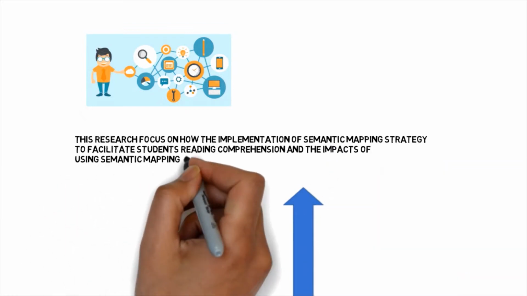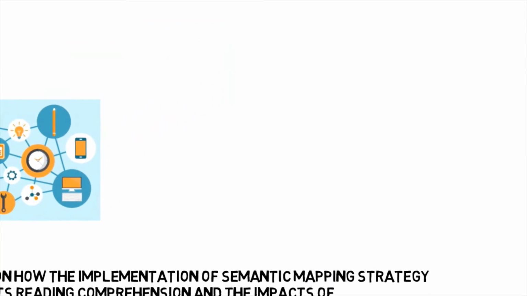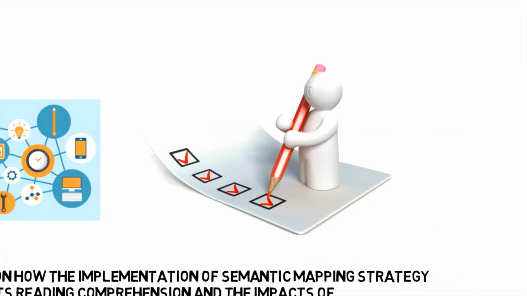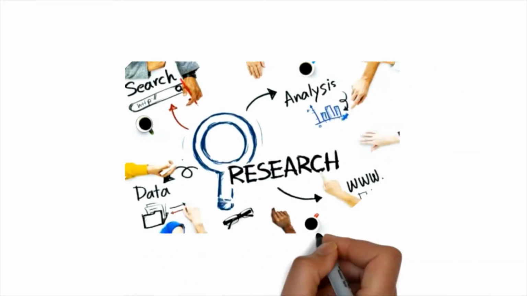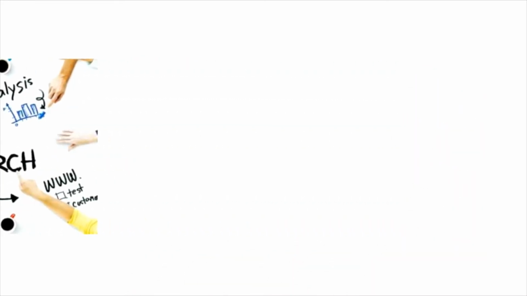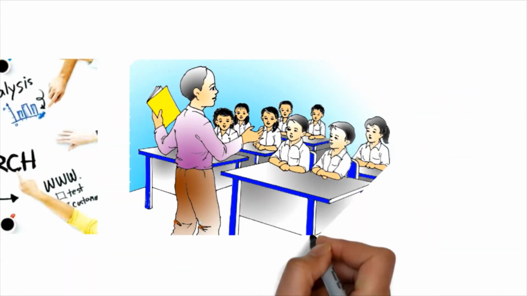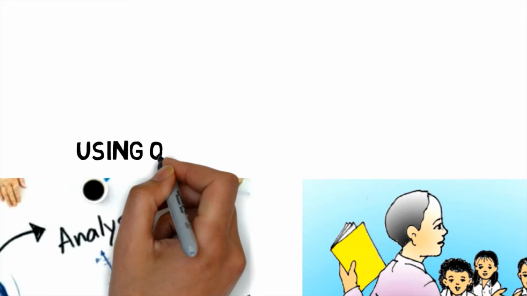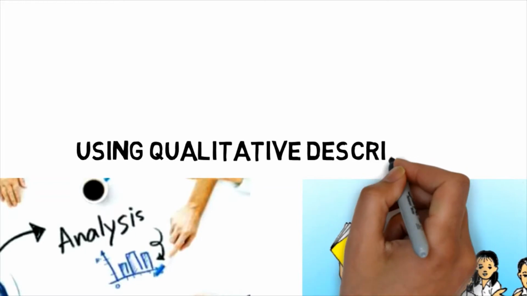Then, in this research, the researcher will conduct this research in a qualitative design to outline the result of this research. To specify the research design, we'll use qualitative descriptive because this method is suitable to describe the explanation of the teacher while they are implementing semantic mapping strategy in reading activity for their students, and how the impact of using semantic mapping strategy facilitates students' reading comprehension.